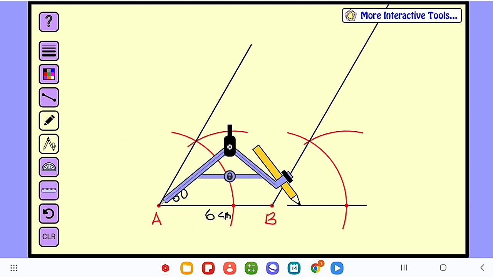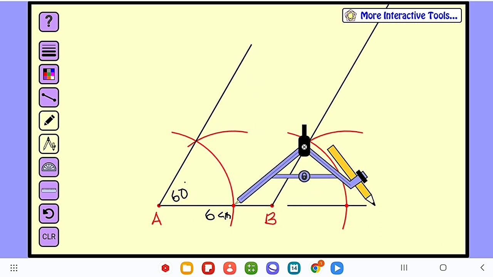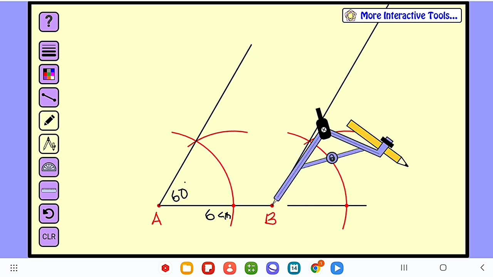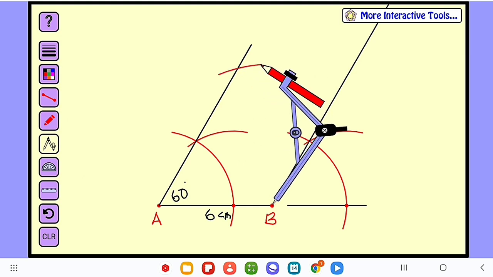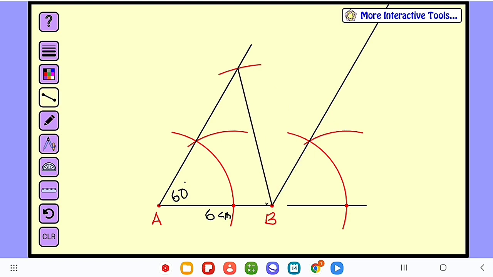Then place the pointer on B and cut this line. Something like this. Then use your ruler, connect this point and B together. Something like this. So this line is now 7.5 cm. You can write it. This is D, call it D.